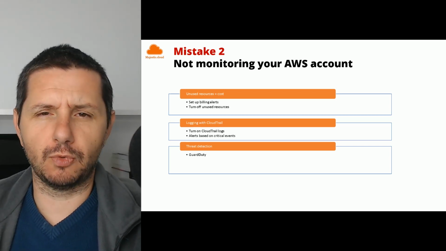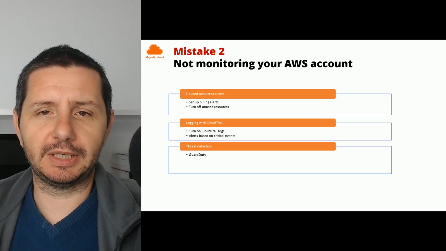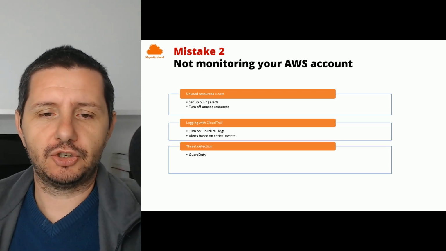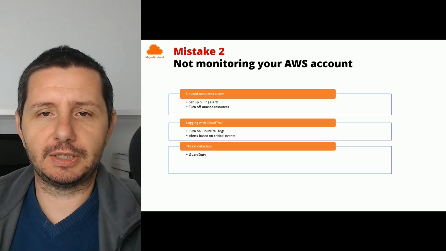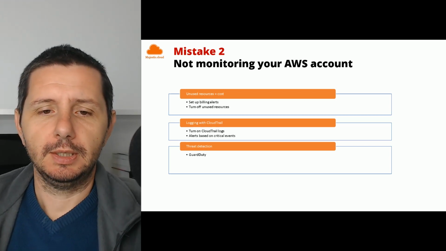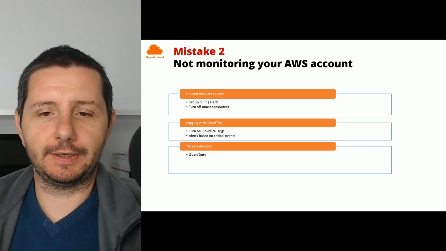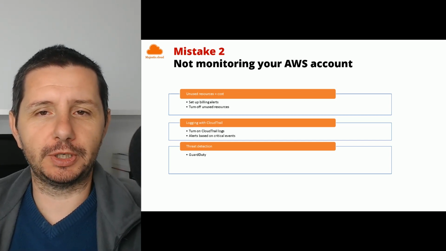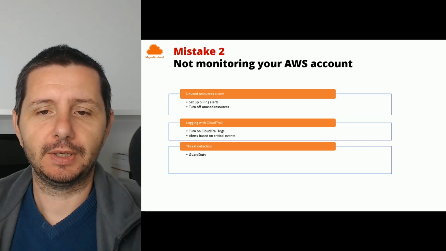And there are lots more things that GuardDuty can detect. Check it out because it's an interesting and useful service. So these were the things that you could do to fix that mistake of not monitoring your AWS account.